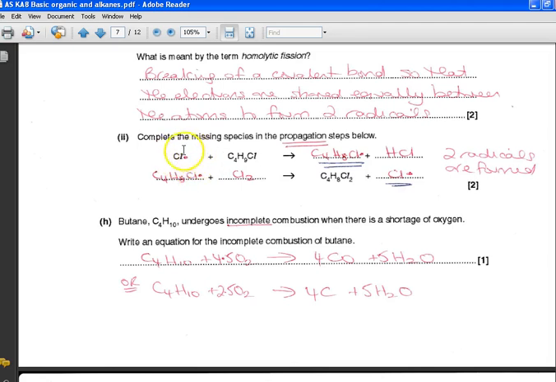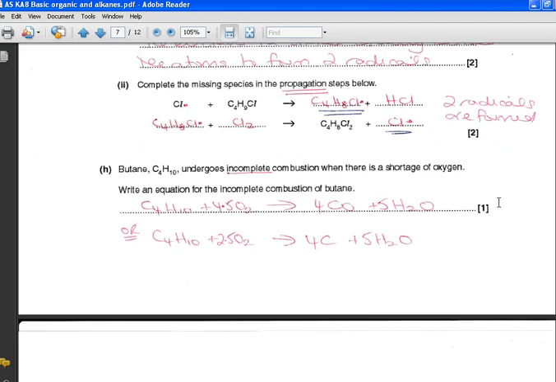And you've got the chlorine radical here and chlorine radical here on opposite sides of the equation. And here you've got your chlorobutyl radical and your chlorobutyl radical on opposite sides of the equation. That's what you're looking for when you're writing propagation steps, to make sure that you've got them right.